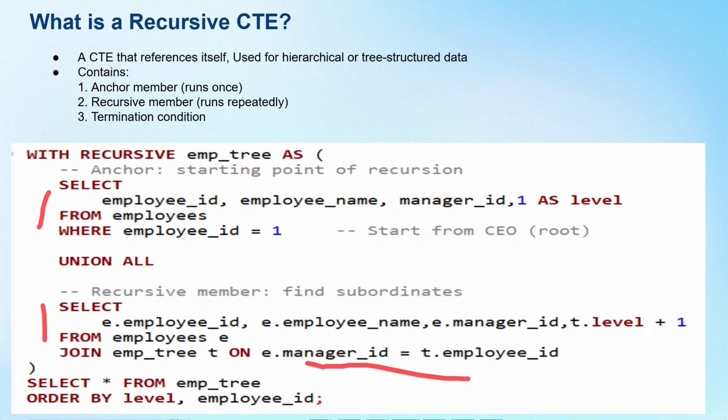The anchor is executed first and the output is added to the CTE. The recursive part is executed repeatedly and the output is appended to the CTE using this UNION ALL operator. Execution stops when the termination condition is met. The final output contains both the output of the non-recursive and recursive parts.